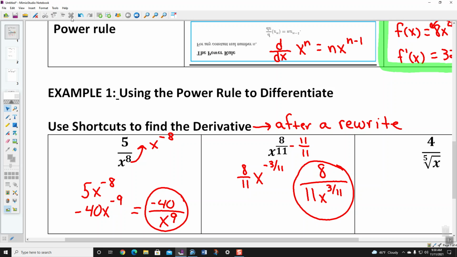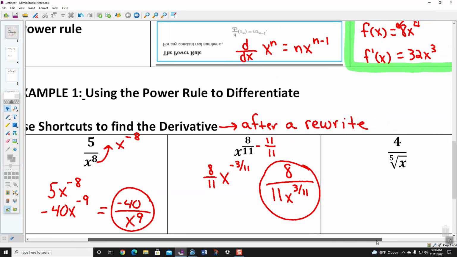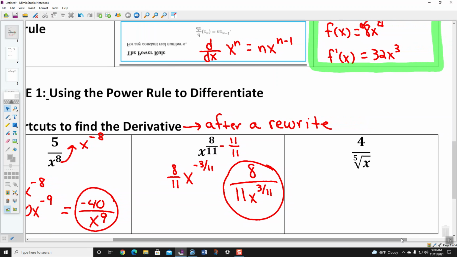Okay, let's see what you remember about this problem. It's pretty radical. Remember how to write radicals in terms of exponents? That fifth root of x is the same as x to what power? Close. 1/5. Okay, so let's write this as 4 over x to the 1/5.